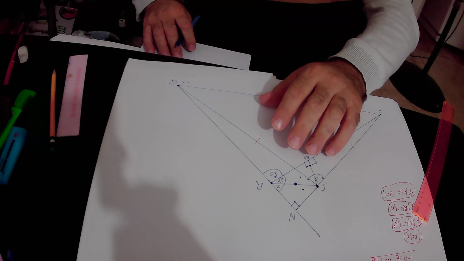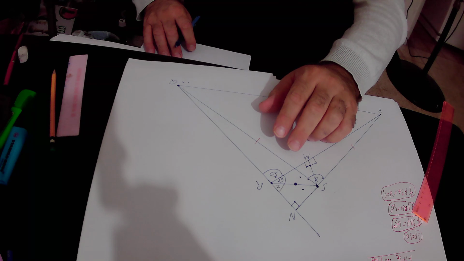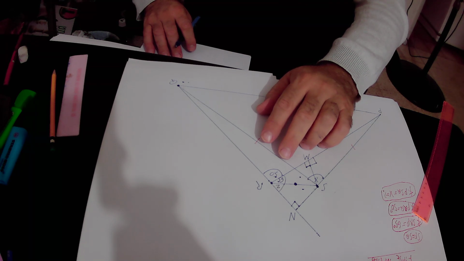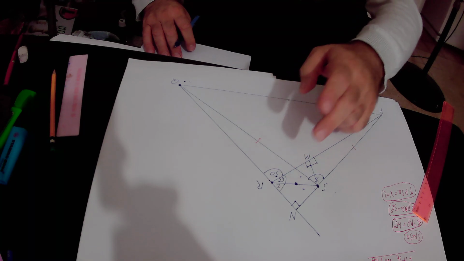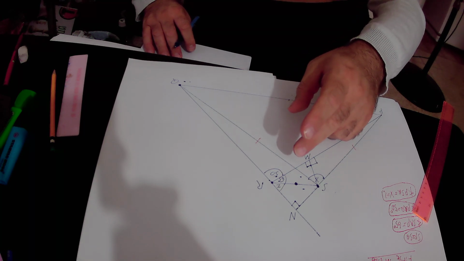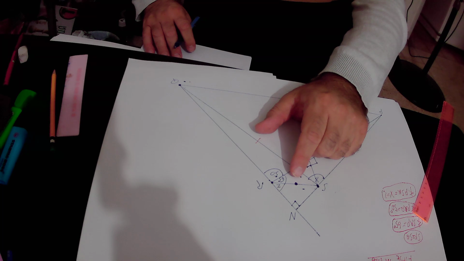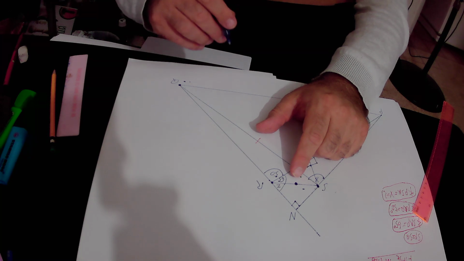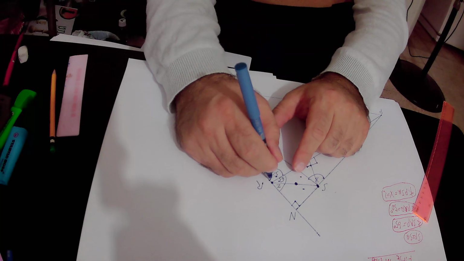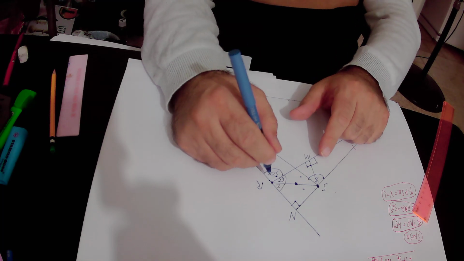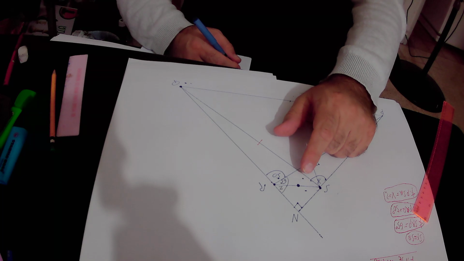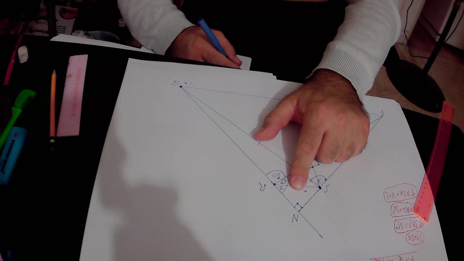So if we look at the bottom side of the straight line QN and we focus at point R, then according to rule number 1, the sum of the angles at point R on this side of the straight line NQ must be equal to 180 degrees.